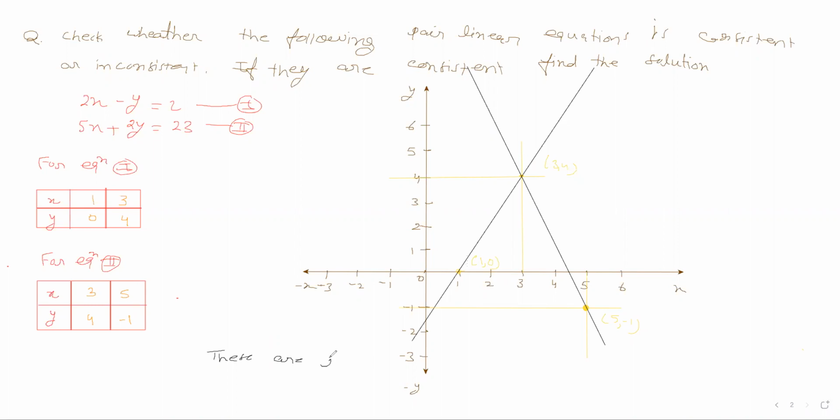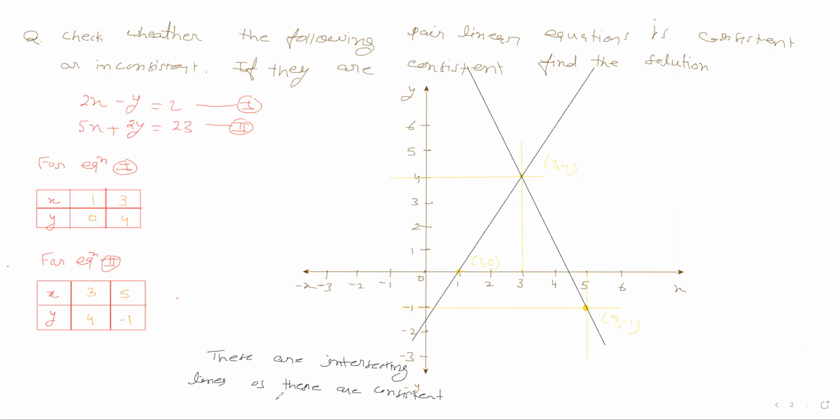These are intersecting lines, so these are consistent.